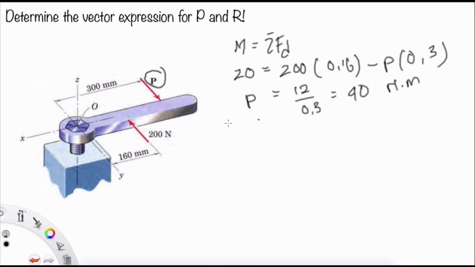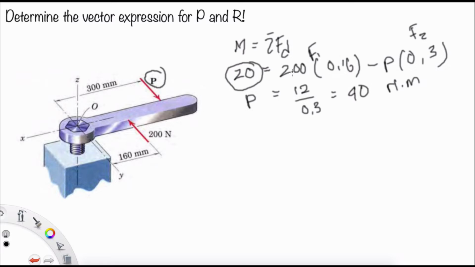Okay, now we have the value of P, where by using the moment is the sigma F times distance. Why do we use the sigma? Because we have two forces here, the first force and the second force. And remember that we have the value of the moment given.